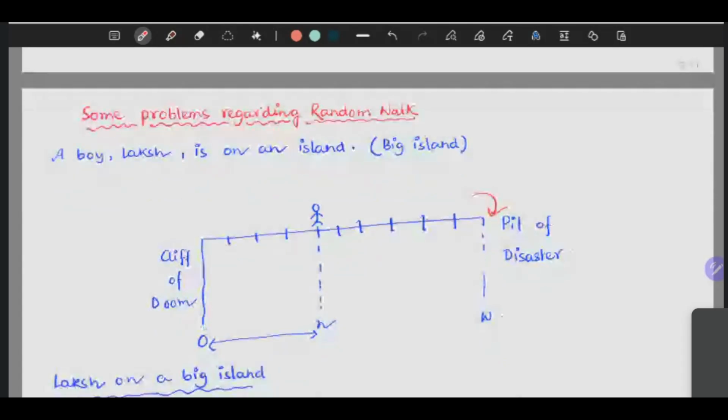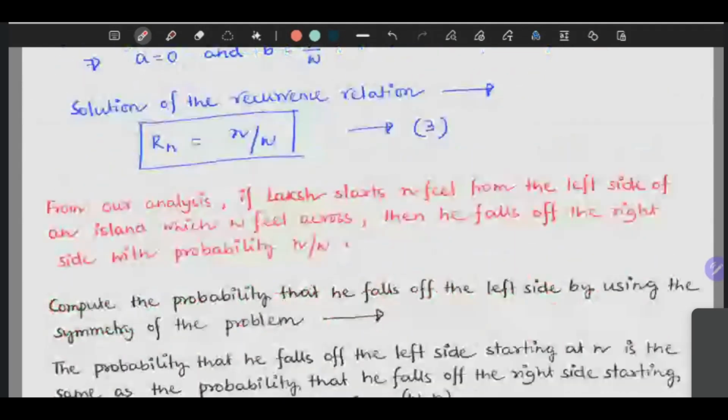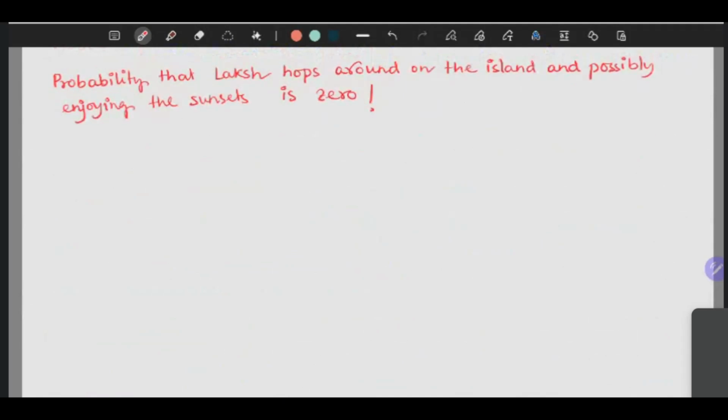So now, let's see what the missing points are here.